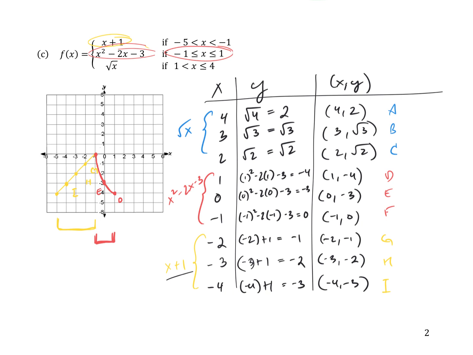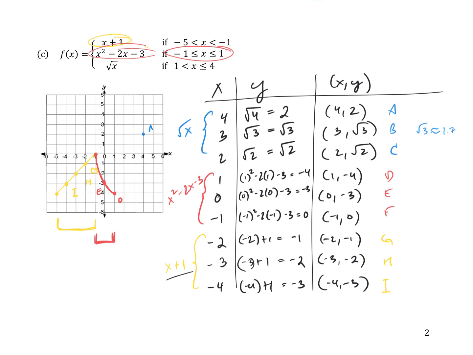Lastly, let's take a look at the square root, which was blue. Those are the points 4, 2, and that was A. And then, let's see, 3 root 3. I don't really know what square root of 3 is, but I know that it's less than 2. Square root of 3 is going to be approximately 1.7.